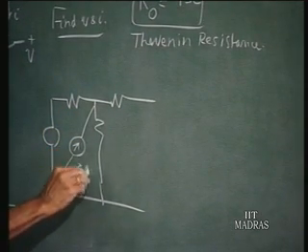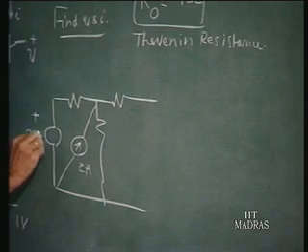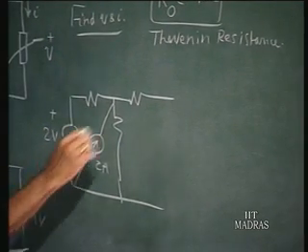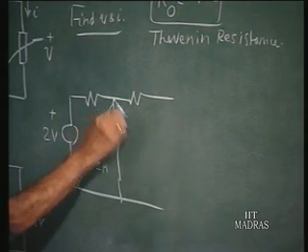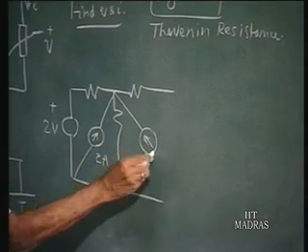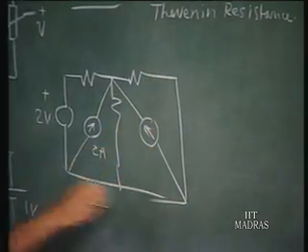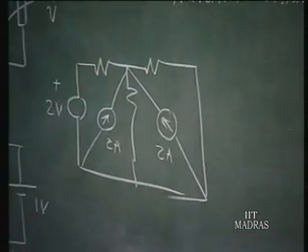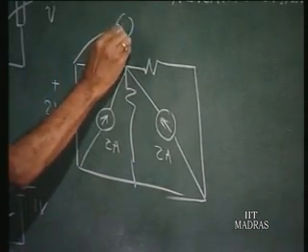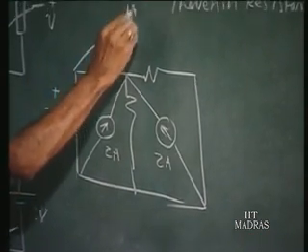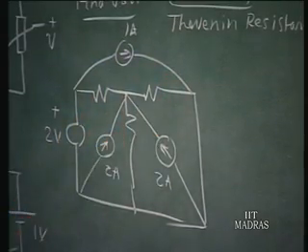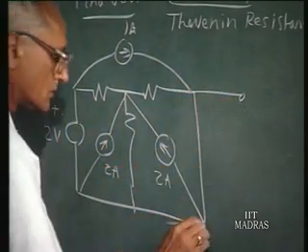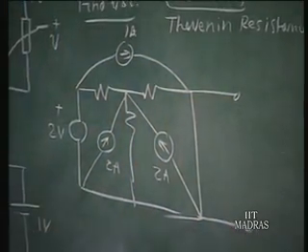We have a 2 ampere source, we have a 2 volts voltage source, then we are having another source here, that is this one 2 amperes, and we have a 1 ampere source, and finally you have your PQ.